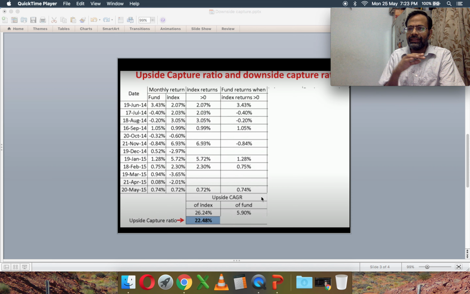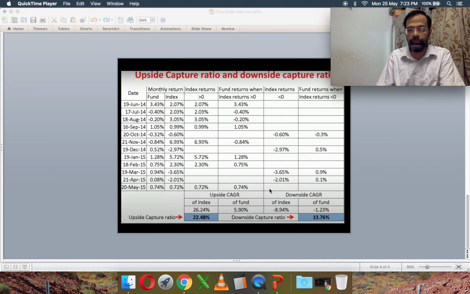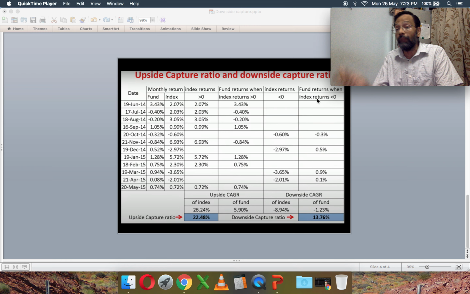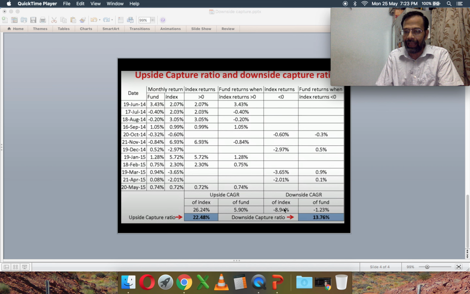Now we do the exact opposite for calculating the downside capture. So now I list all those months when the index returns were negative. Then I list the corresponding fund returns for those months when the index return was negative. I calculate the downside CAGR of the index, that's minus 8.94%.